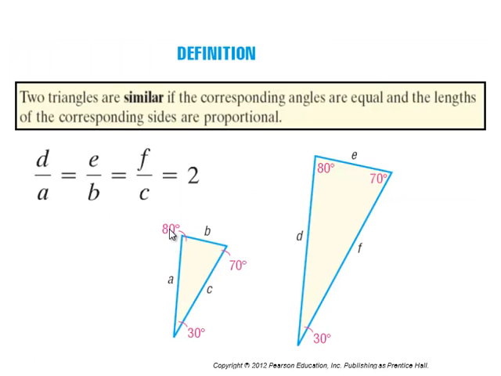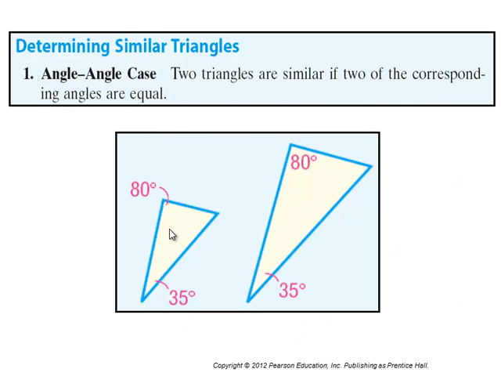Now let's talk about similar triangles. Similar triangles have the same angles, but not necessarily the same side lengths. But the thing about similar triangles is that ratios of sides are the same. They are proportional to each other. So the sides are.